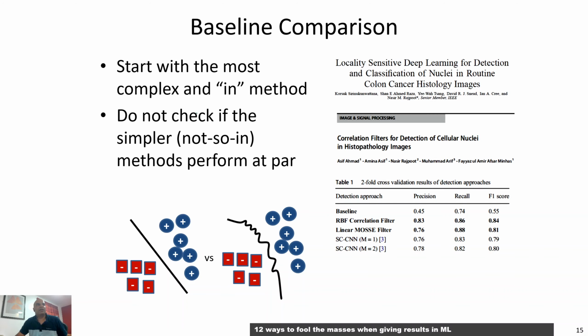The thing that you shouldn't do is start with the most complex method. You should start with the baseline method, the simplest one that you can find, and always check what the performance of the simpler method is. An example of that that we tried is detection of nuclei or cells within a histopathology image.